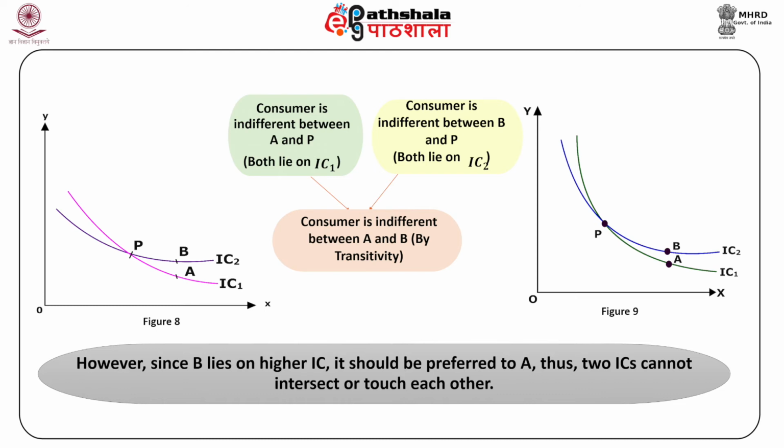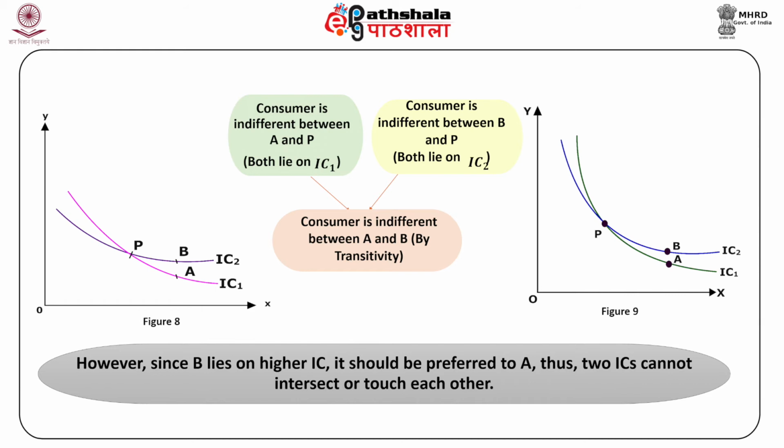Applying the transitive assumption, it follows that combination A will be equivalent to B in terms of satisfaction. But combination B lies on a higher indifference curve and contains more of good Y than combination A, while the amount of X is the same in both combinations. Thus, the consumer will definitely prefer B to A.